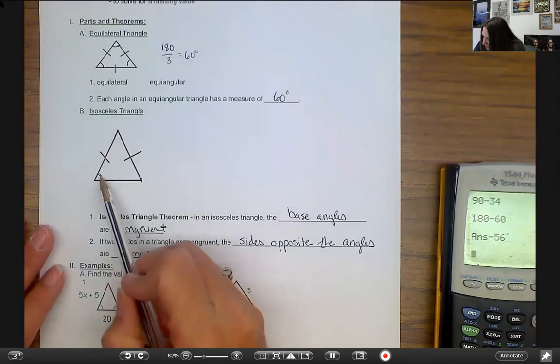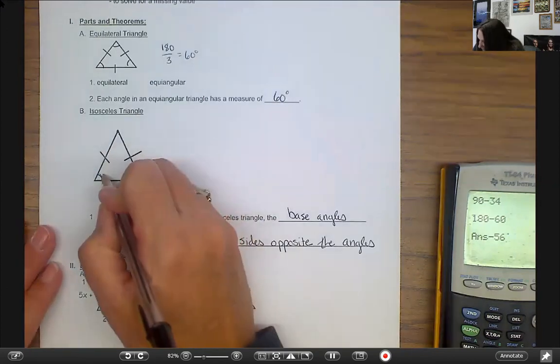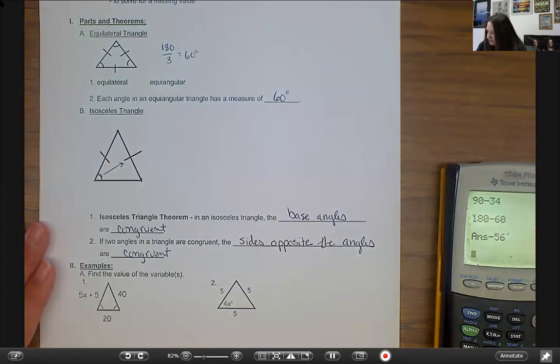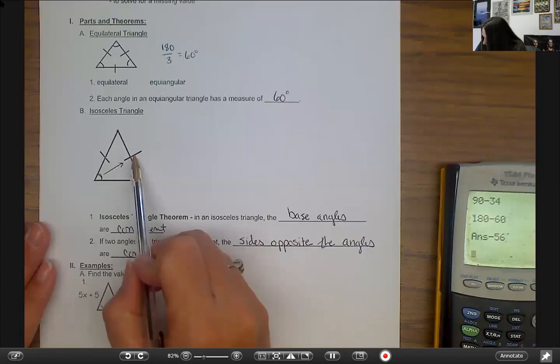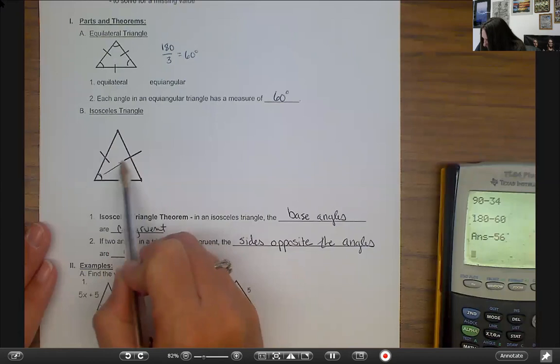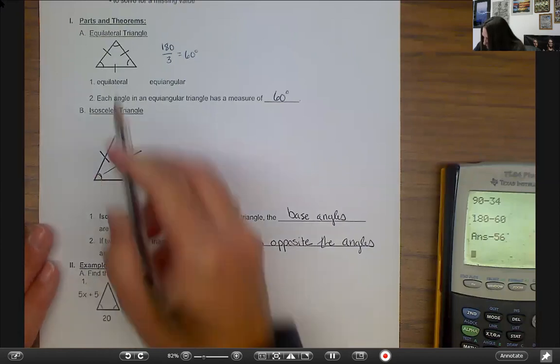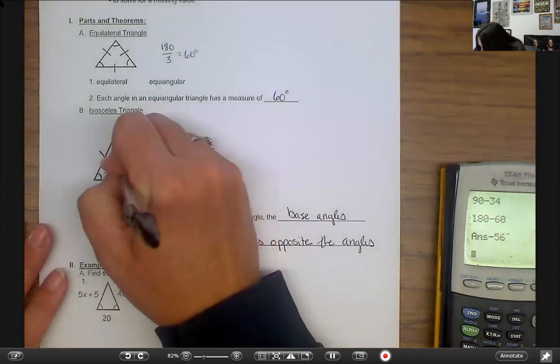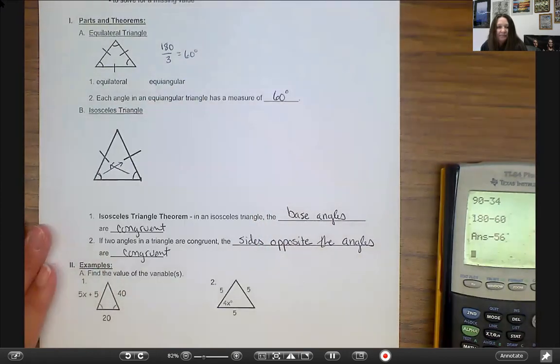The angle measurement always creates the length of the side directly across from it. So if this side length here is equal to this one, that means that this angle here has to be congruent with this angle here, because this angle is what created that side length.